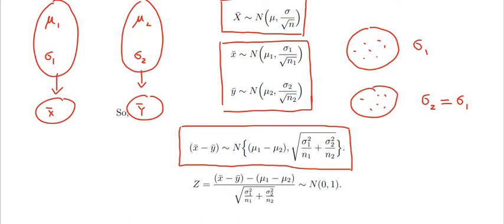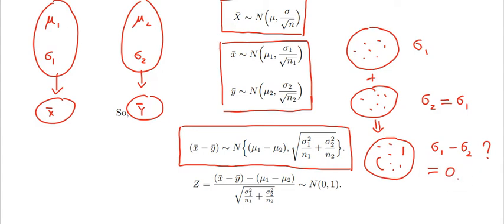If we put them together, what is the variance? Definitely not the difference, because if sigma 1 equals sigma 2, the difference equals 0, right? So 0 means no change at all. This has change, this also has change. Put together, no change? Makes no sense. There should still be some change.